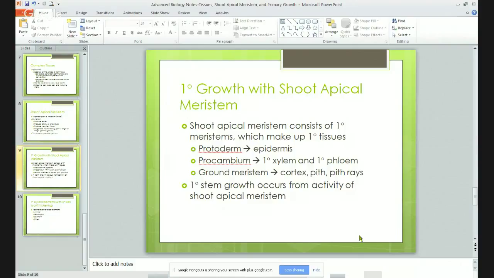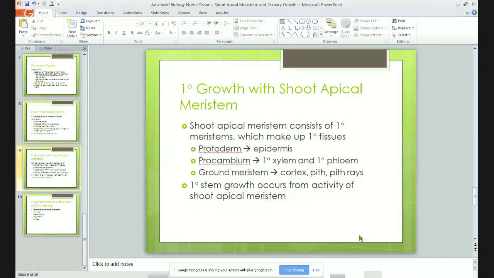Just so you know, this is kind of generalized. It's going to look a little different depending on if you are a monocot or a dicot. So this is a very generalized doodle.